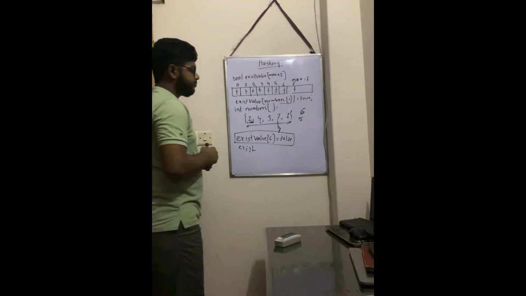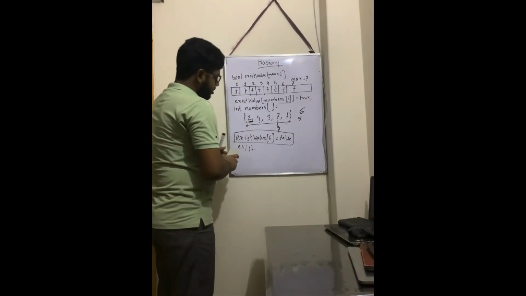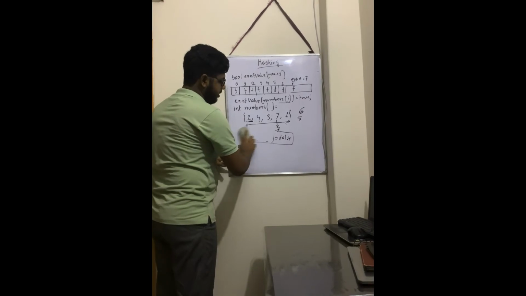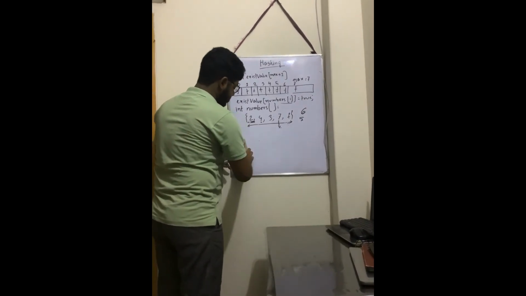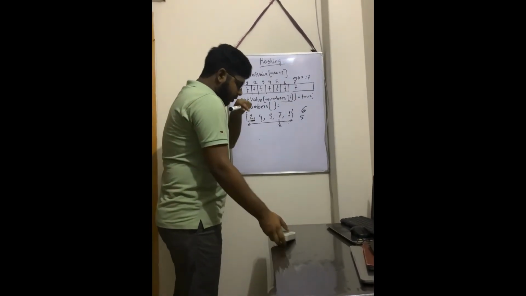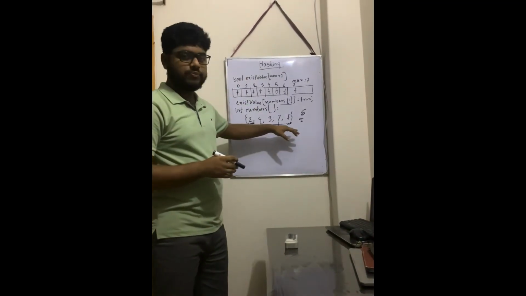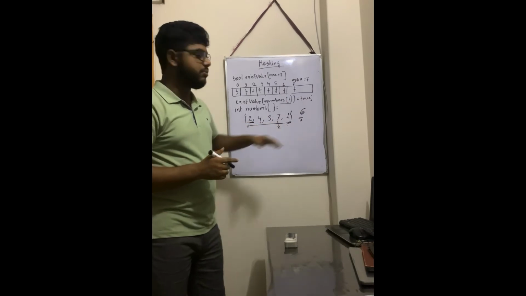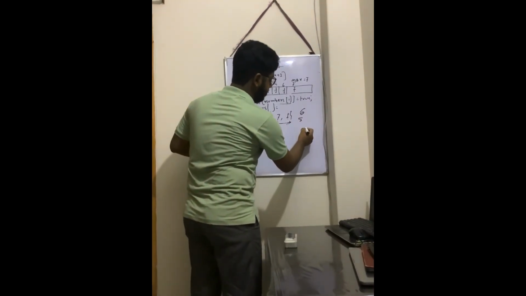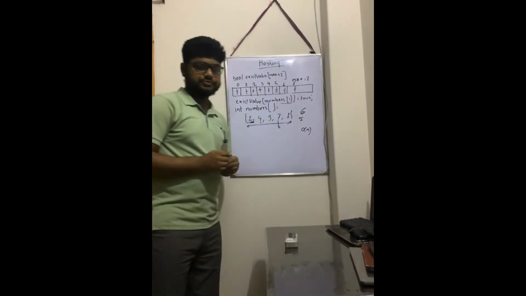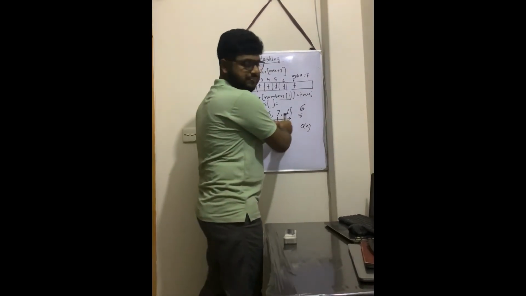So now, what is actually the main difference? The main difference is if we use linear searching, the first one, then the complexity is O(n) for searching, because we look through the whole array.